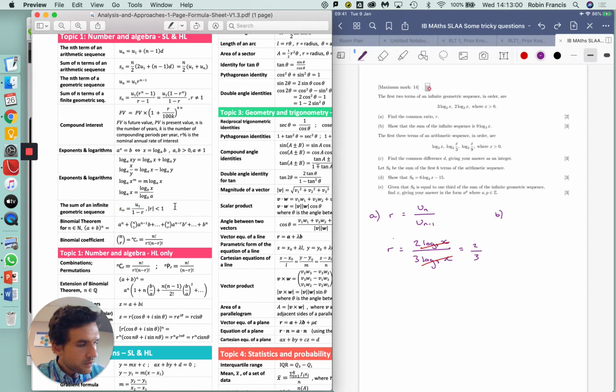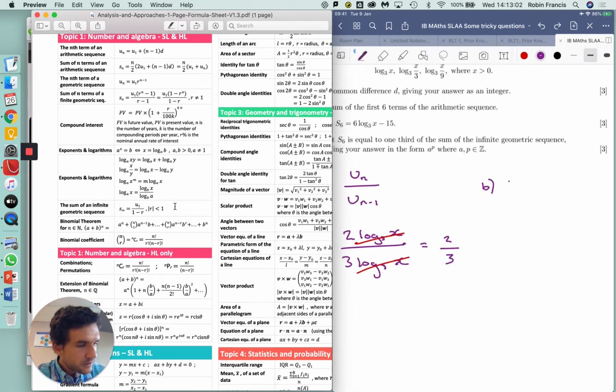So my S to infinity in this instance is equal to u1 over 1 minus r. So let's plug in all the things we know. My sum to infinity should equal the first term, u1.